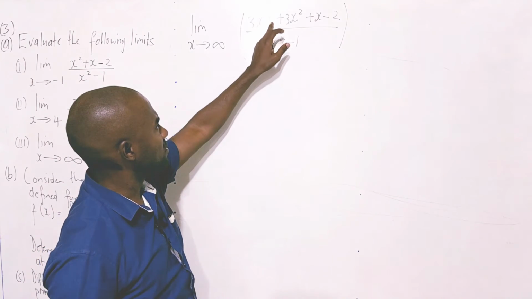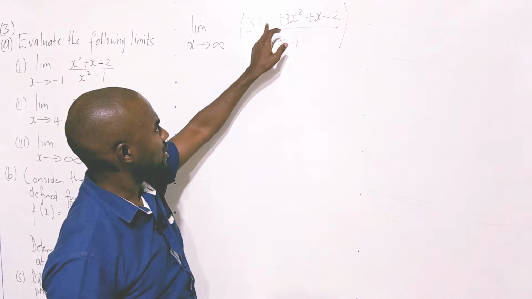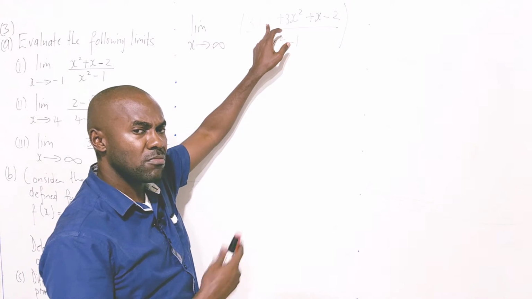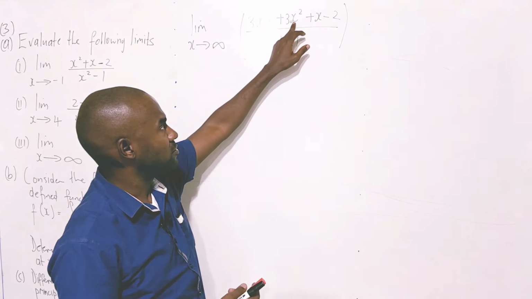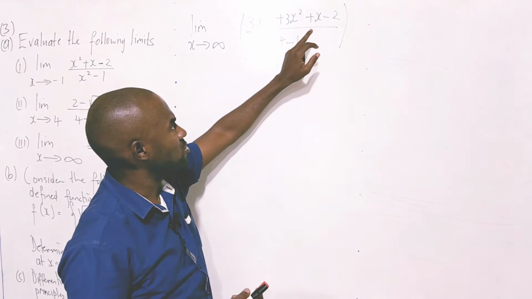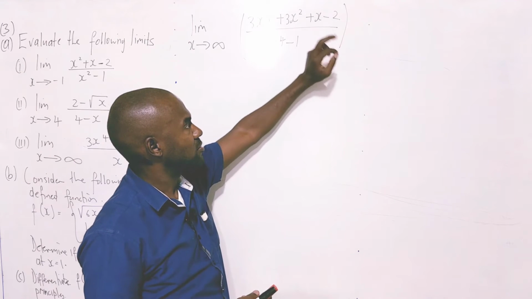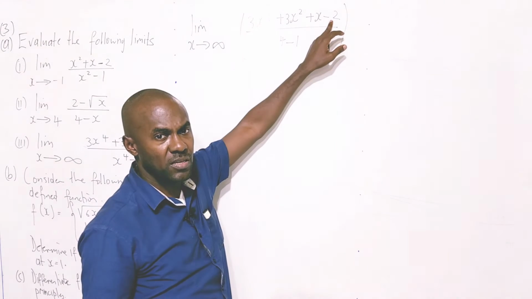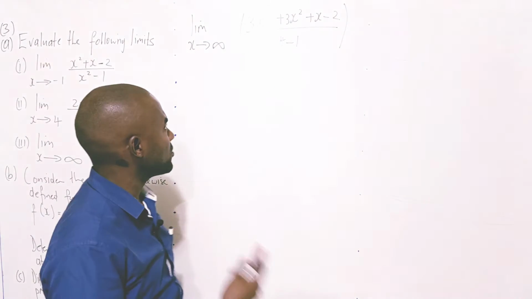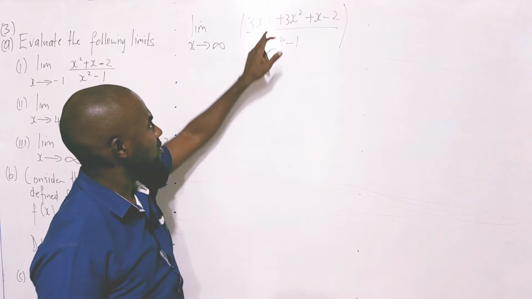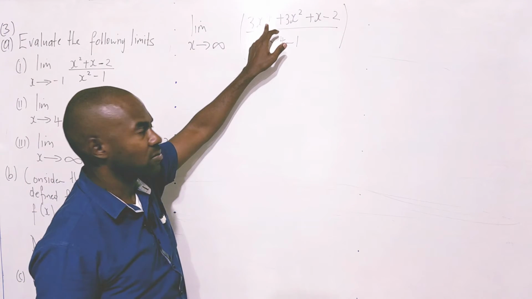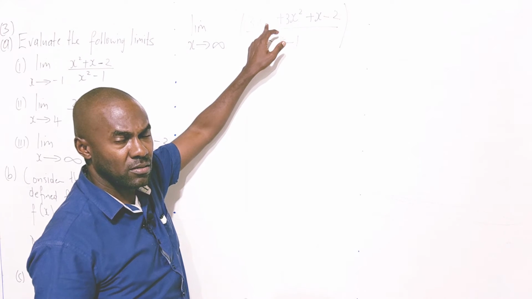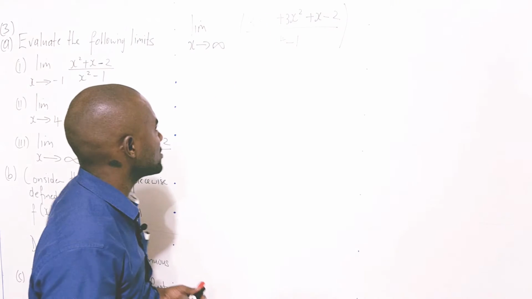As x gets very large, that is, approaches infinity, x to the 4th will grow much faster than x squared. Likewise, it will grow much, much faster than x. And of course, the minus 2 becomes insignificant. So as x approaches infinity, essentially, this term, 3x to the 4th, becomes a dominant term in the numerator. So we can basically rewrite.